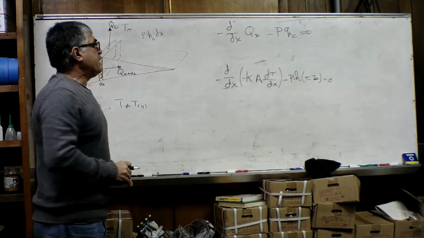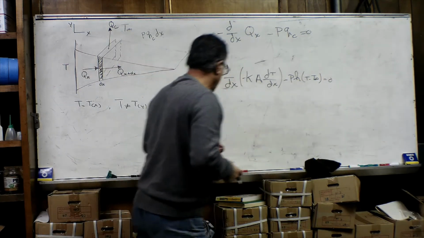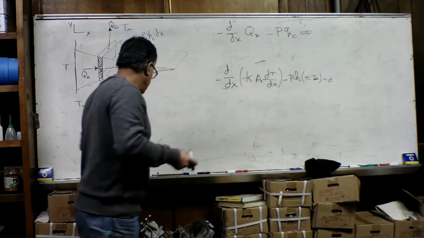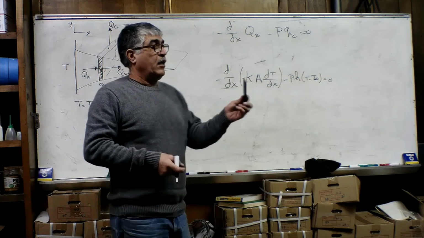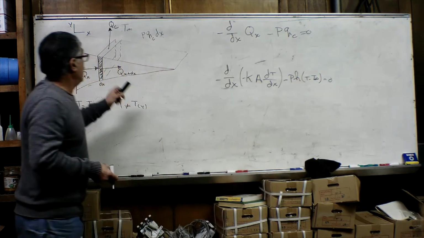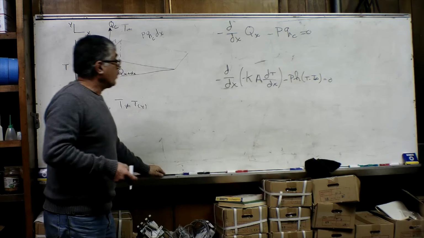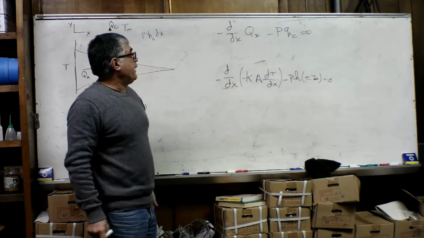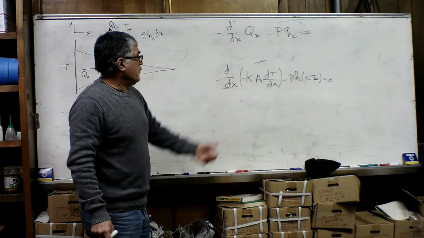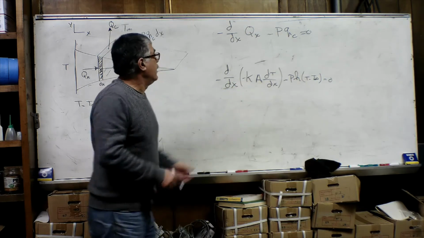Now, if we restrict ourselves to homogeneous isotropic material, just like the slabs that you buy in Home Depot, if we use something like that as an extended surface, homogeneous isotropic means our k is constant.